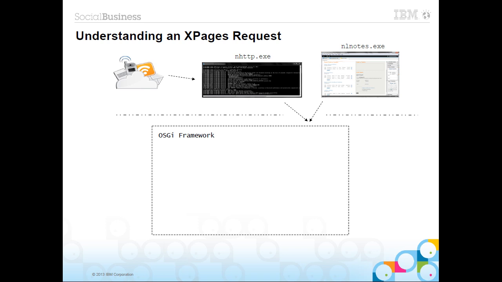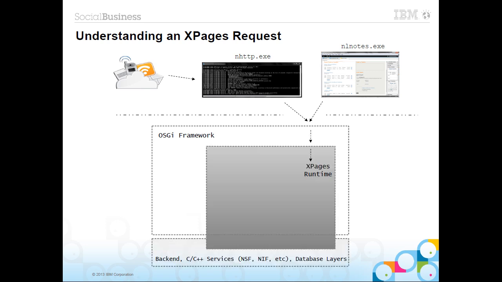In either case, the request is delegated into the OSGI framework. The OSGI framework then loads the XPages runtime if it is not already loaded. The XPages runtime itself is tightly bound with the Notes Domino backend through JNI interfaces. In that backend, we have the C and C++ services, but also the database layers.